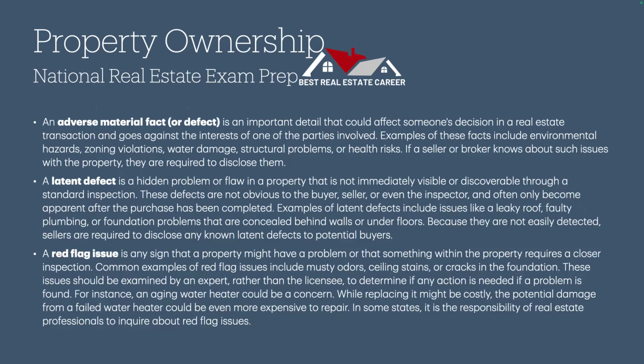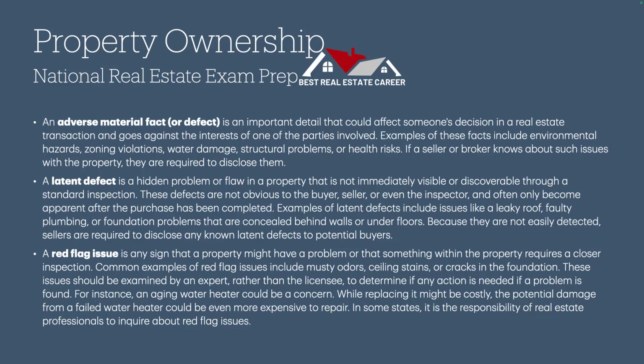A couple things that we need to keep in mind. Adverse material fact or an adverse material defect. All right. So this is a detail that could affect someone's decision in a real estate transaction and goes against the interest of one of the parties involved. An example would be an environmental hazard, zoning violations, water damage, structural problems, health issues.